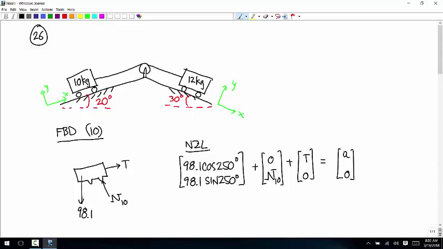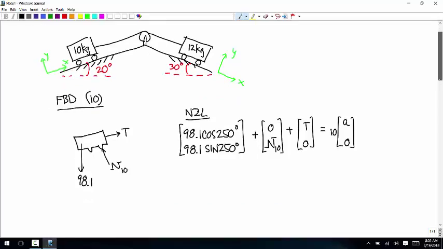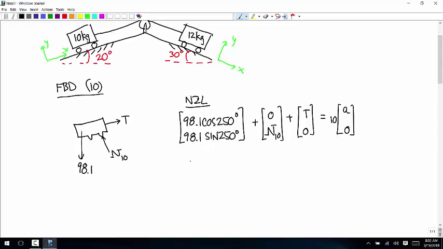We know that it's accelerating along the surface. We're not trying to find that normal force, so we'll just use the x equation. What's 98.1 times cosine of 250? Okay, so negative, and then I'll move it to the other side and we get 33.55. In radians, that's too bad. That's a shame.